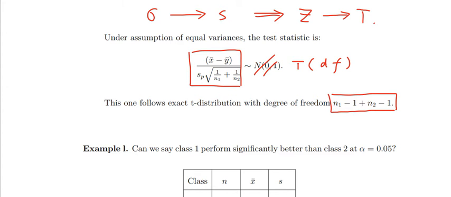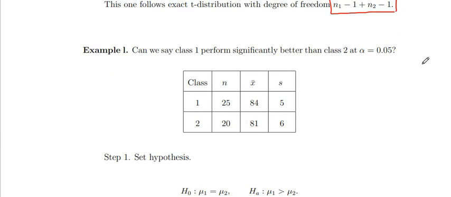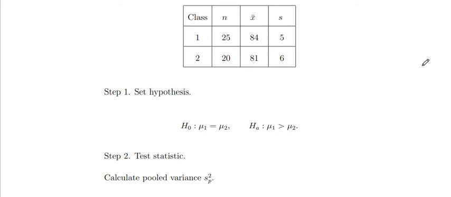Okay, so now let's consider this problem again. We wanted to compare the two classes. Can we say class 1 performs significantly better than class 2? Same question, right? We have some evidence: class 1 average 84, class 2 average 81. So whether this difference is significant. Here, we want to change the problem.